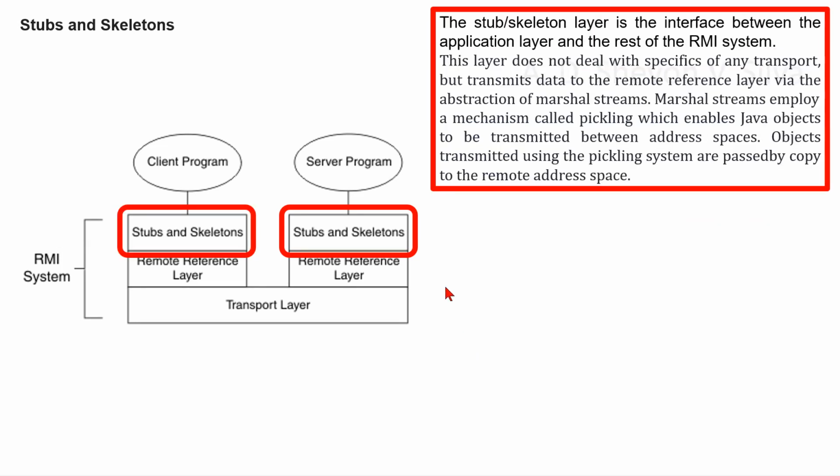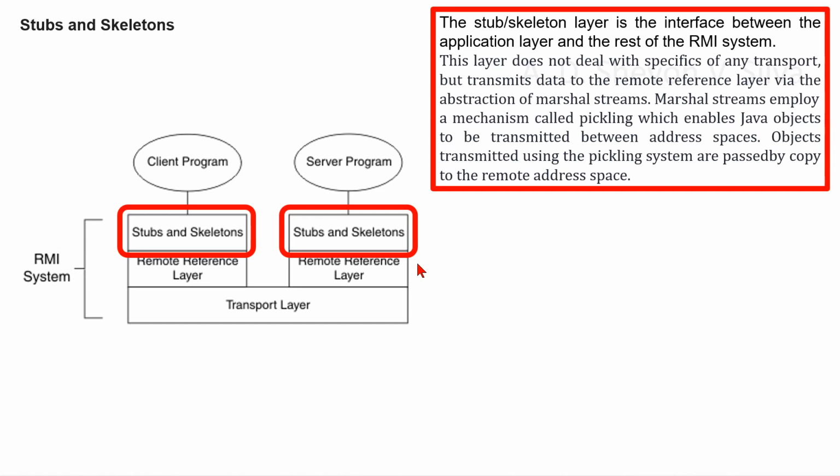Now we are considering the stubs and skeletons layer. The stubs and skeletons layer is the interface between the application layer and the rest of the RMI system. This layer does not deal with specifics of any transport, but transmits data to the remote reference layer via the abstraction of marshal streams. Marshal streams employ a mechanism called pickling, which enables Java objects to be transmitted between address spaces.